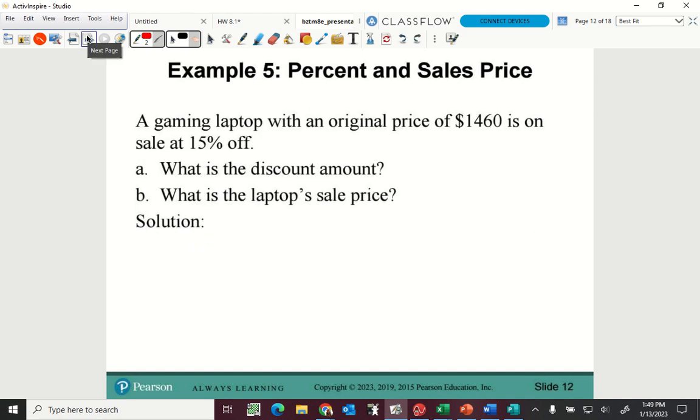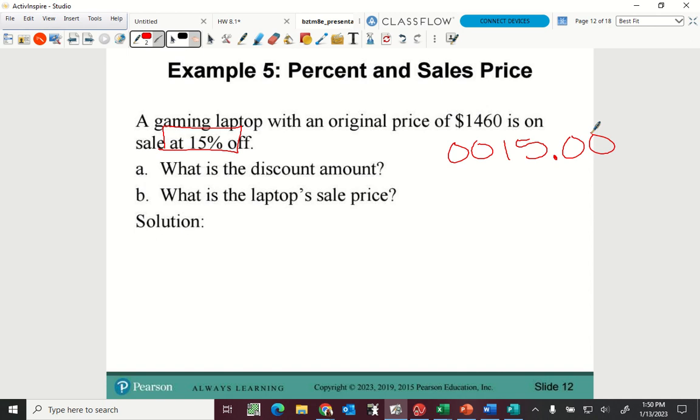A gaming laptop original price of $1460 is on sale, 15% off. Let's figure out what the percent off means. I'm going to add the decimal point in there because it's implied that it's after the 5, but it's not written. If I'm changing a percent to a decimal, which way does that go?